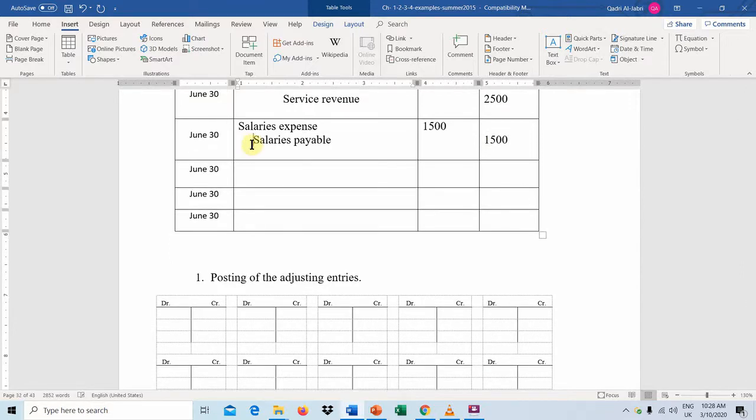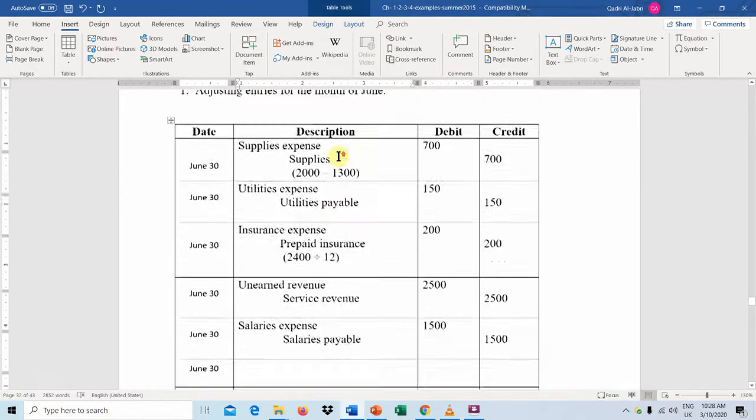As you can see, we debited salaries expense by 1,500 because this is accrued during the period, but we did not pay it yet, so I will record salaries payable.